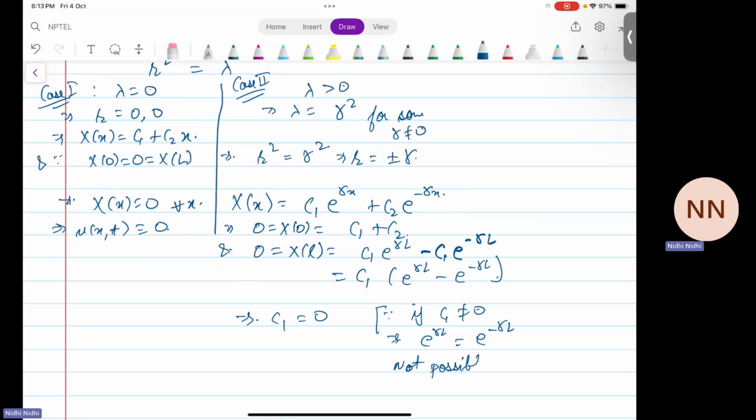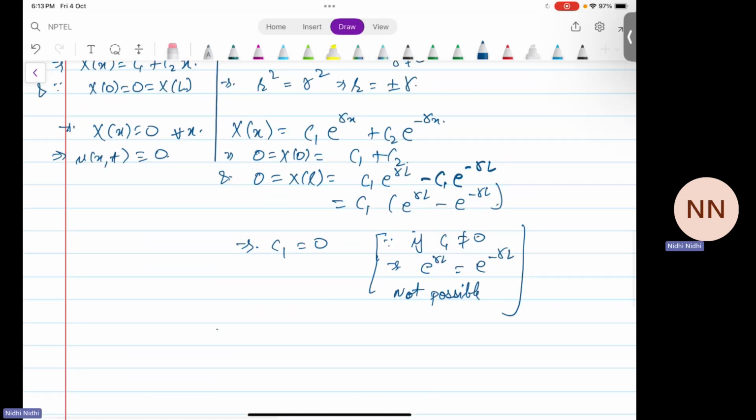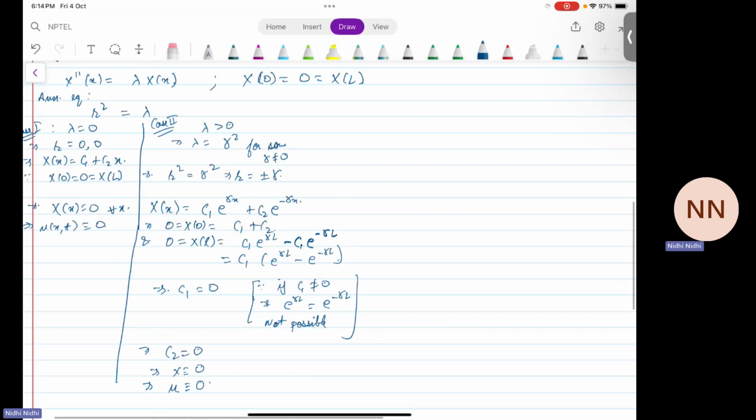So we are left with c1 equal to 0, and this implies c2 is 0, which implies X is a trivial function, which will imply that u is a trivial function. That is not what we want. So we'll move forward to the third case.